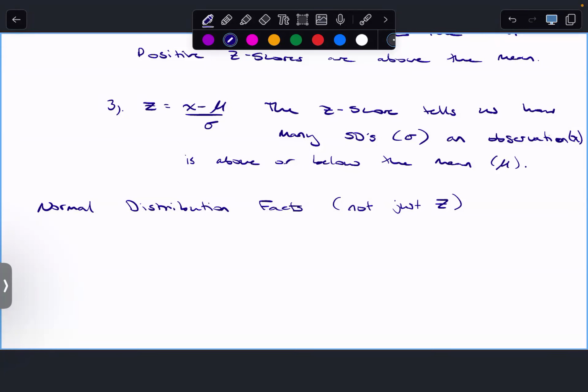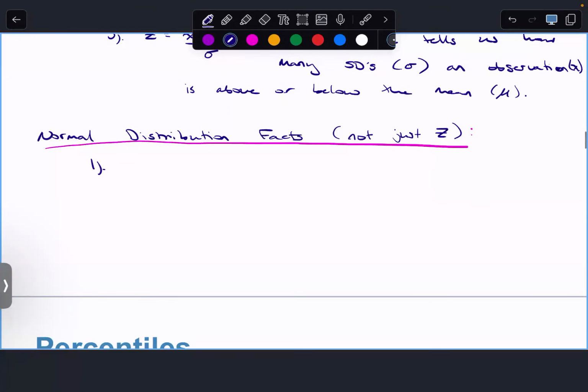Okay. And so now we're kind of graduating to any sort of normal distribution. First fact, for any normal distribution, we hinted at it, we can fit approximately 3 standard deviations on either side of the mean before we kind of run out of curve.